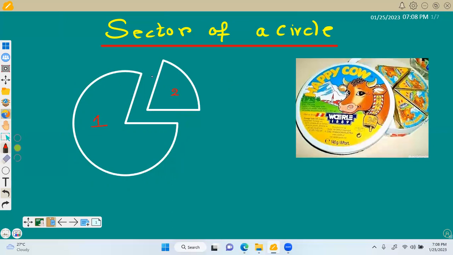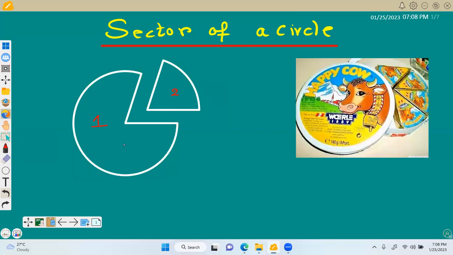Each of these parts is called a sector of a circle. Okay, this is the large sector, that means the first one is the large sector and the second one is the small sector.